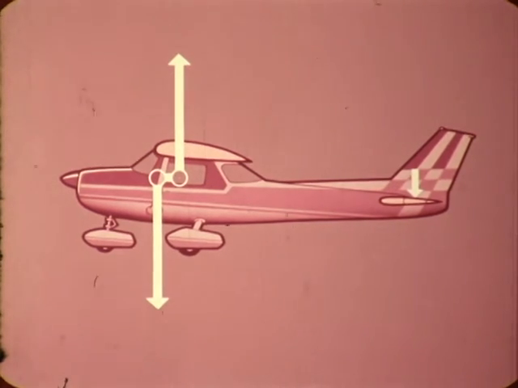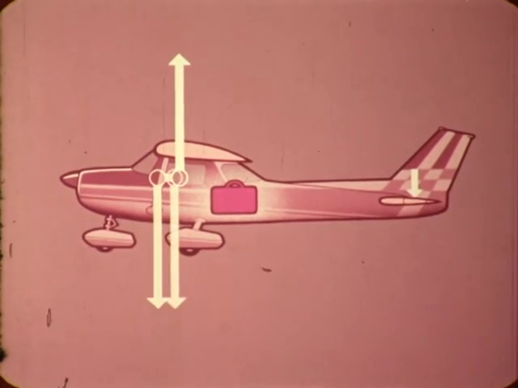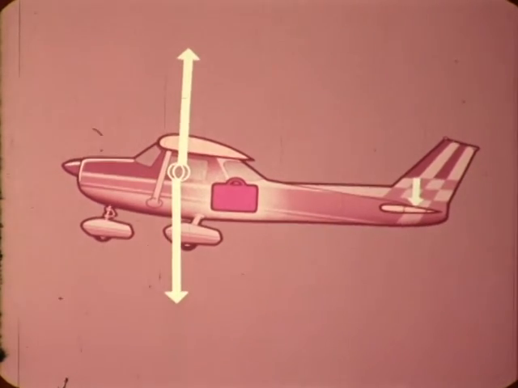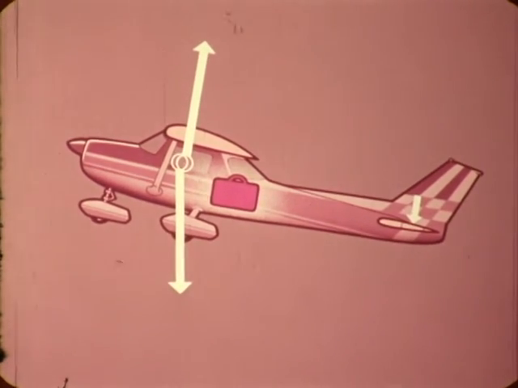But the loading of the airplane can change this relationship. An extra load placed behind the center of gravity will move it back to a point only just ahead of the center of lift. The airplane will now tend to pitch nose up. So we must trim the elevator to reduce the download and bring the airplane back to level flight.